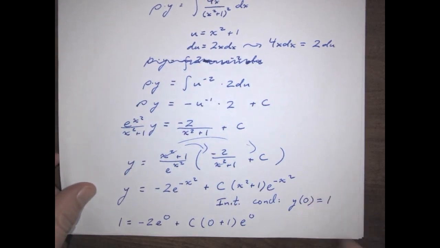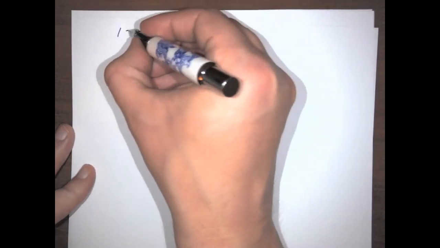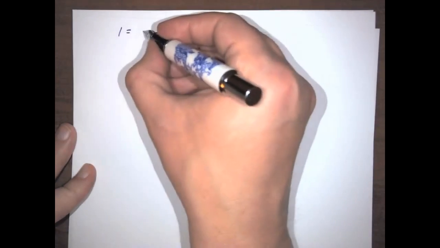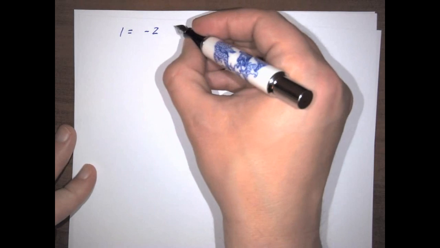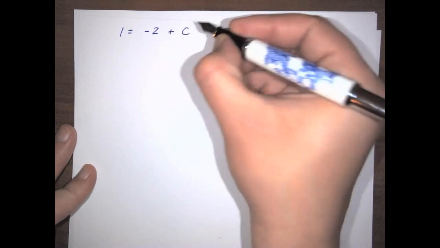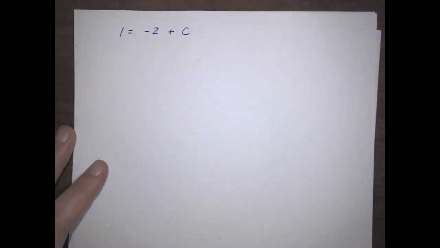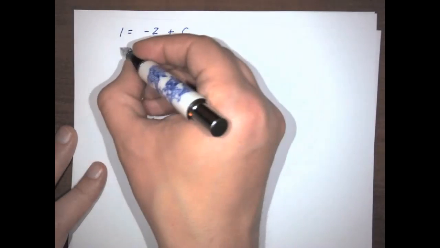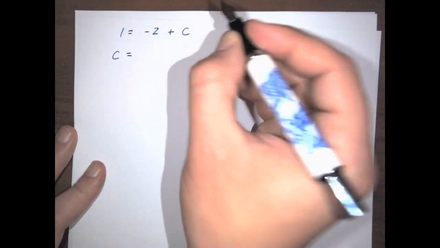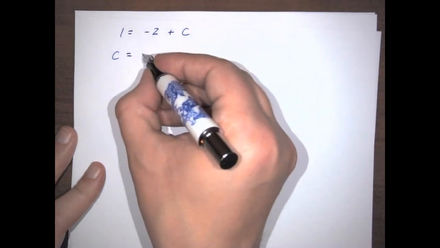Give me a second to get it all written down. So what we have here is that 1 is equal to negative 2 plus c, which by my calculations gives us c is equal to 3.